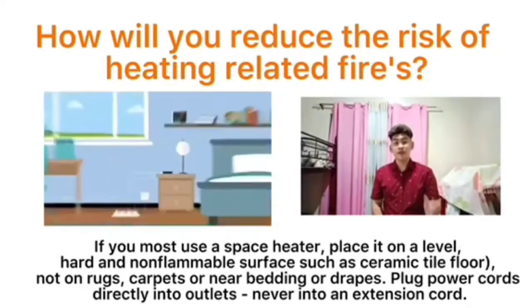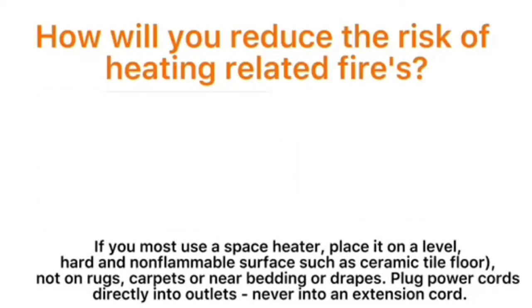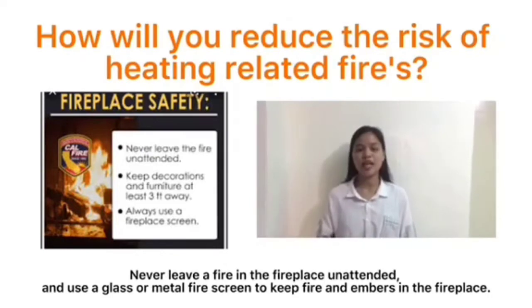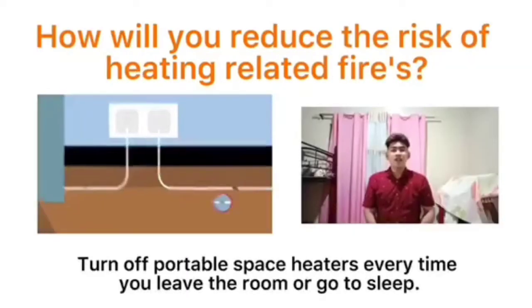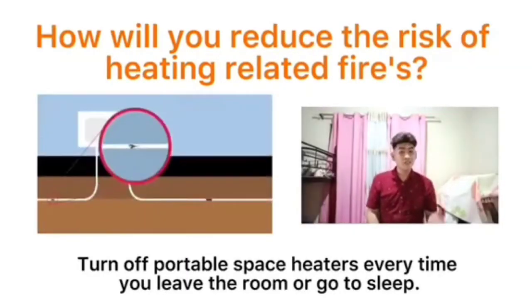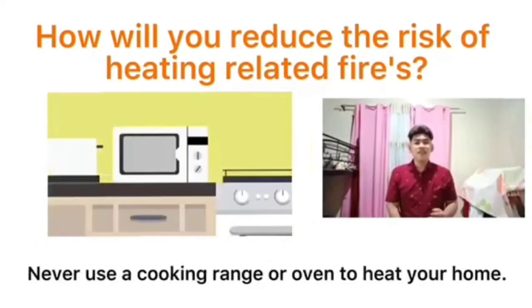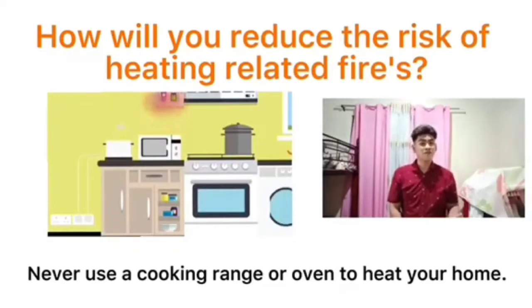Plug power cords directly into an outlet, never into an extension cord. Never leave a fire in the fireplace unattended, and use a glass or metal fire screen to keep fire and embers in the fireplace. Turn off portable space heaters every time you leave the room or go to sleep. Never use a cooking range or oven to heat your home.